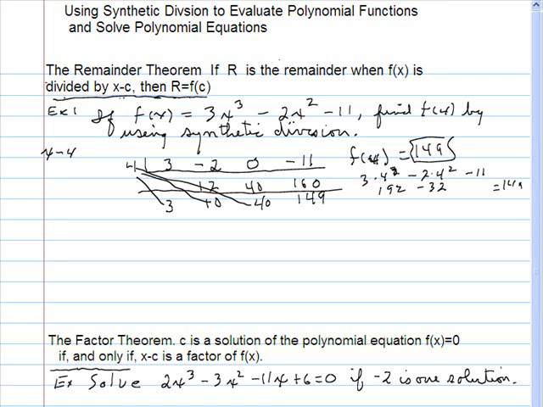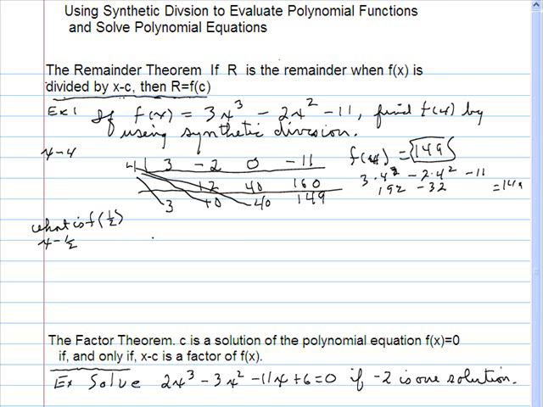Now, it's usually more difficult to evaluate these when you're trying to plug a fraction in for x. So let's try a simple fraction here. Suppose that we wanted to find out what is f of the fraction 1/2. Then we would want to divide by x minus a half.